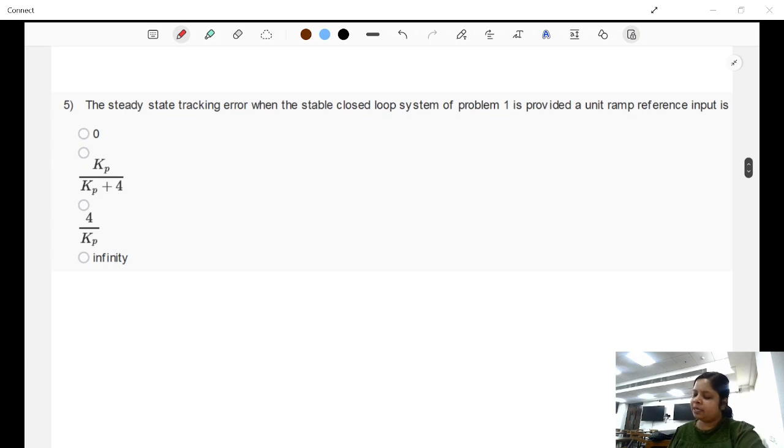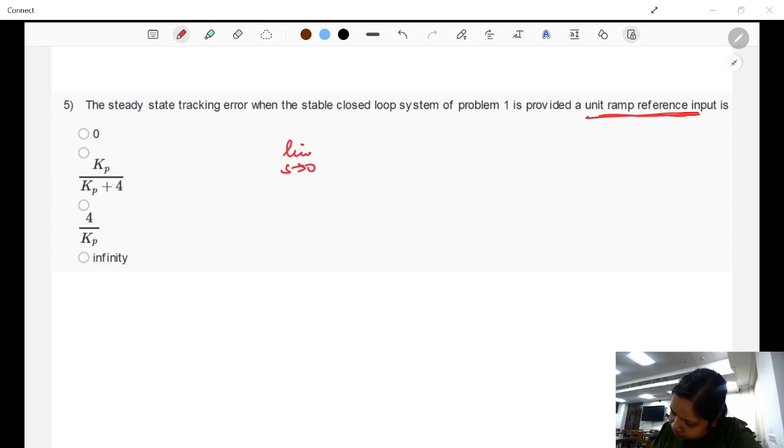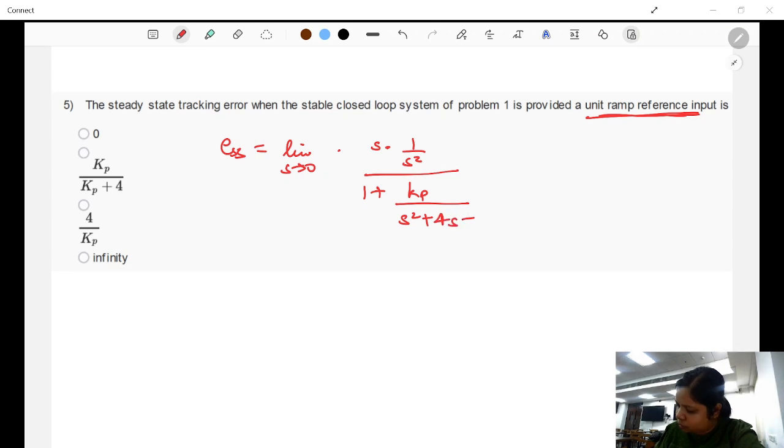When the same system is provided a unit ramp reference input. Okay, so what is the formula there? The steady state error is limit s tends to 0 of s times 1 upon s square, and here it was 1 plus G(s)H(s). So G(s)H(s) is Kp upon s square plus 4s plus 3.